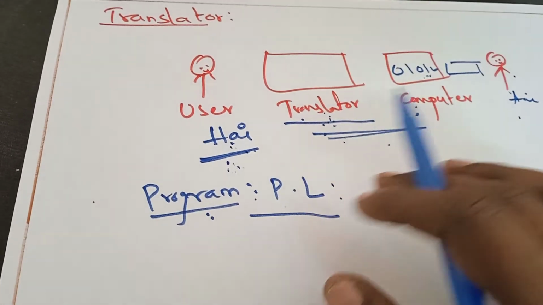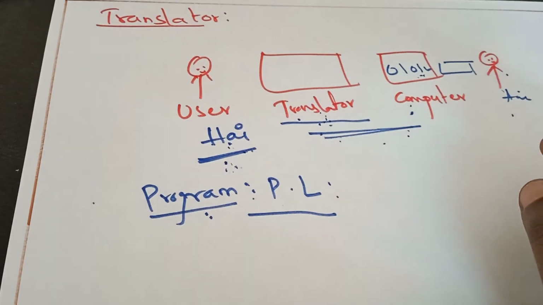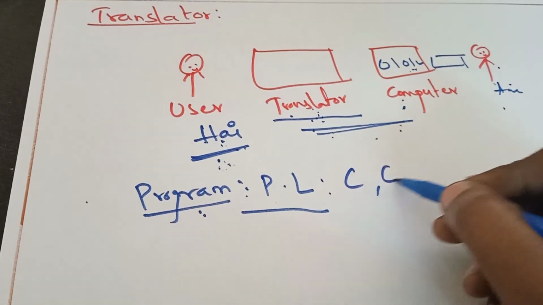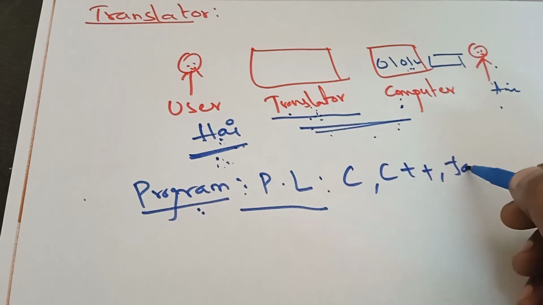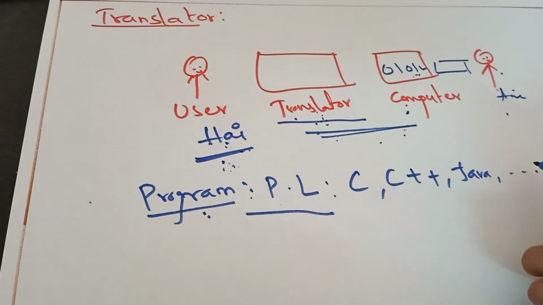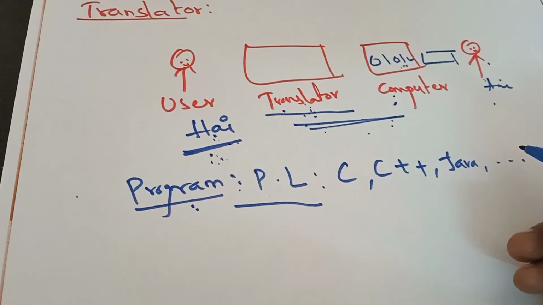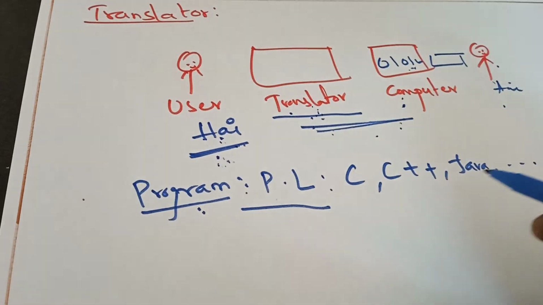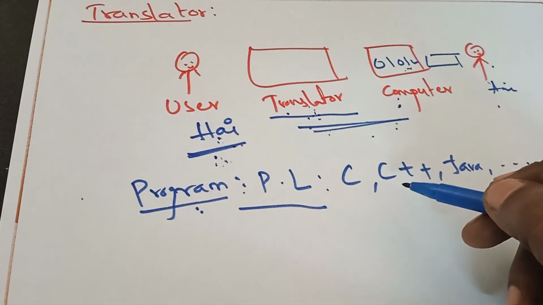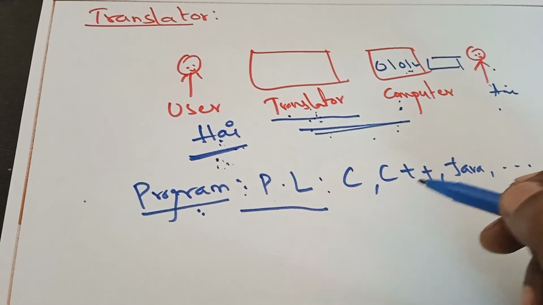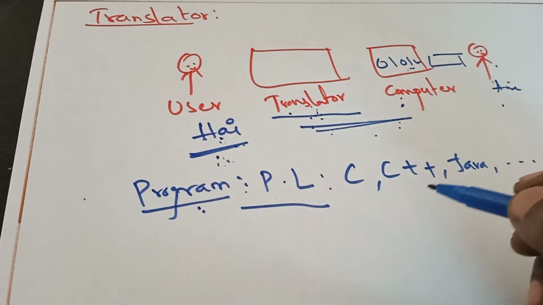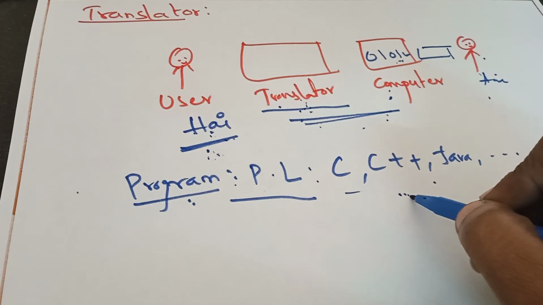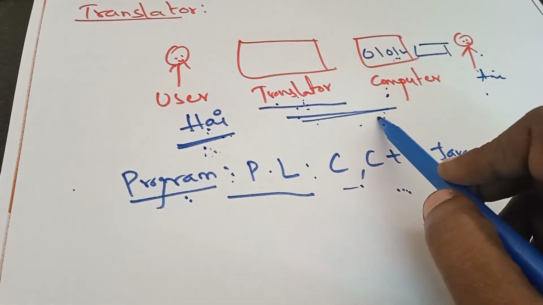As I'm making all these videos for the benefit of first-year students and C learners, the programming languages I'm mentioning are C, C++, Java, Python, Fortran, Ada, PL/I, SNOBOL, COBOL. All these languages exist. Using these languages, we will write the instructions which are required to complete a specific task, and those instructions will be given to the computer.